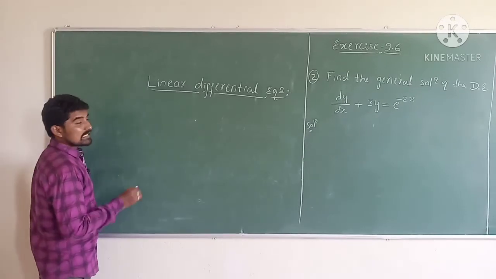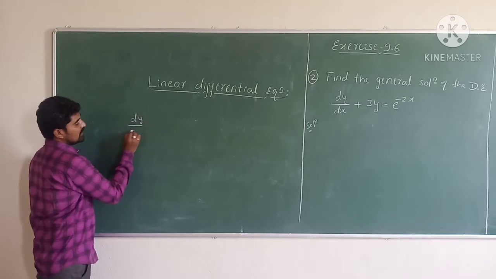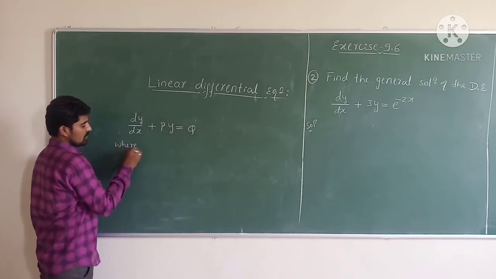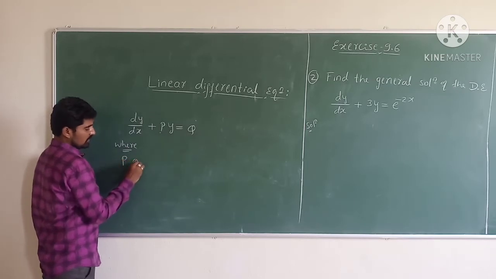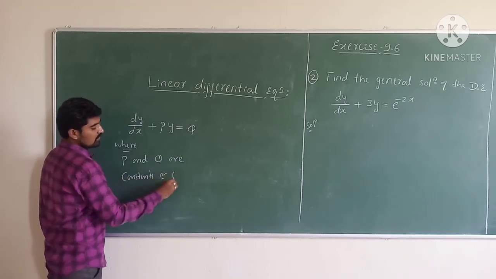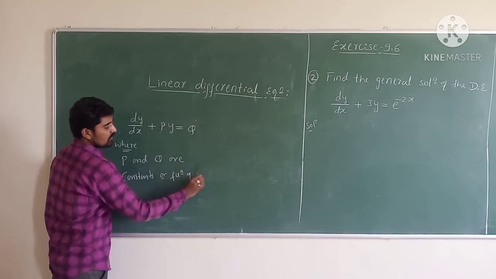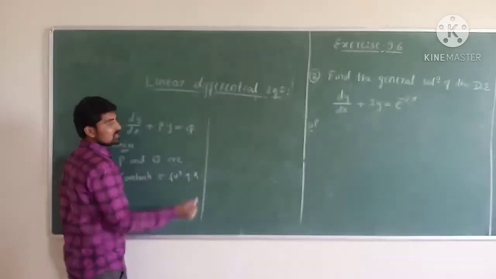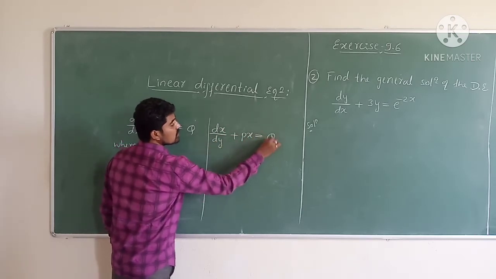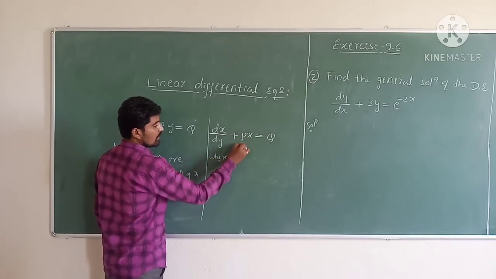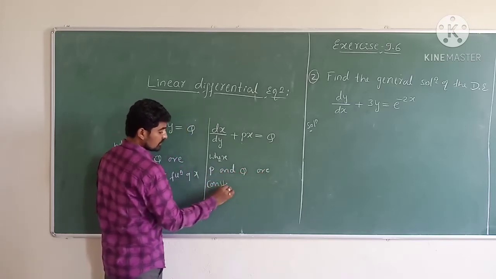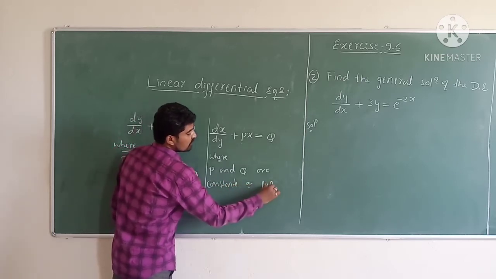Any differential equation of the form dy by dx plus py is equal to q, where p and q are constants or functions of x, or the differential equation of the form dx by dy plus px is equal to q, where p and q are constants or functions of y.